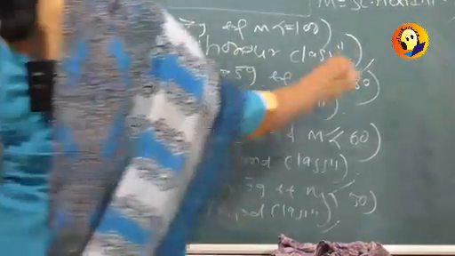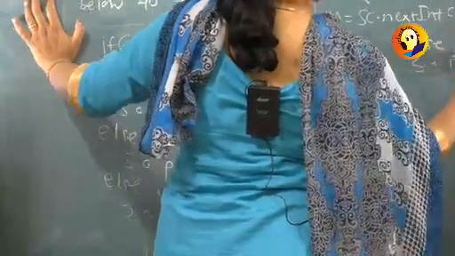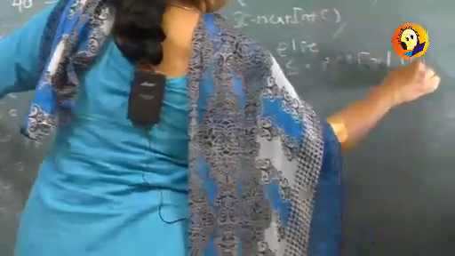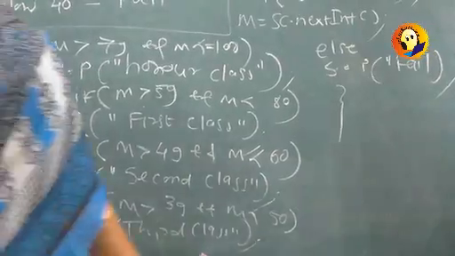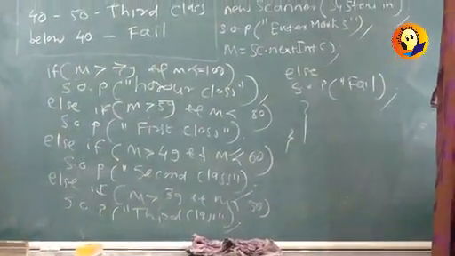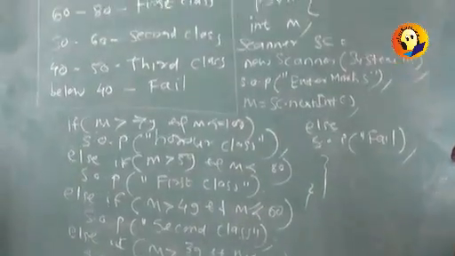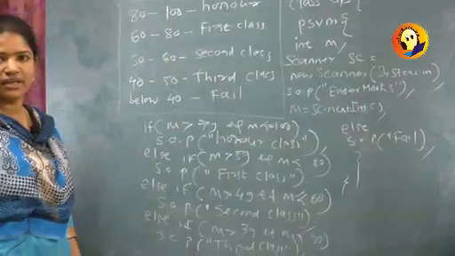That is the default case. Else System.out.println fail. So in this way you can prepare a grading system with the help of an else if ladder. Okay, so this is about the if decision making statement in Java program.